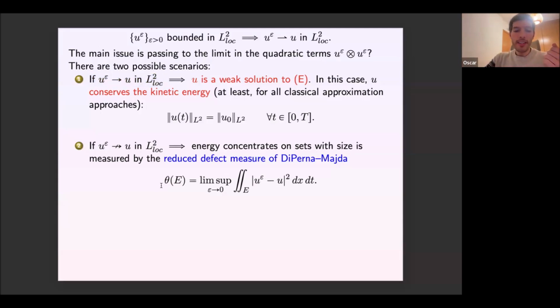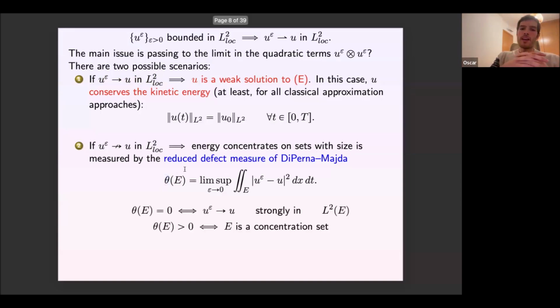All right. And this function is very important in the analysis of convergence issues for approximating families. Indeed, if we consider a Borel set E such that this guy is positive, this is equivalent to saying that E is a concentration set. Or in other words, wild behavior may happen working with the set E. Right?